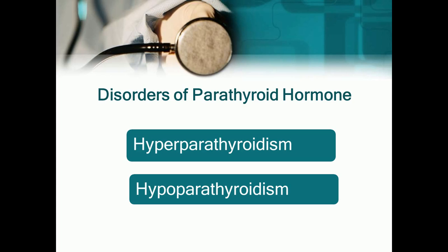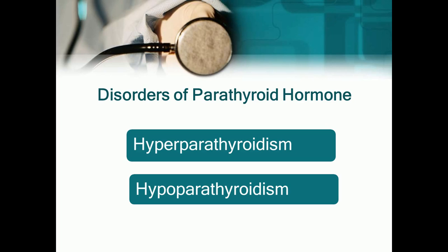While in case of hyposecretion, or decreased production of glucose in the blood, ultimately there will be a chance of hypoglycemia. So both conditions are not normal. You will have to maintain a proper balanced diet, and maintain the concentration of all these things in your body.